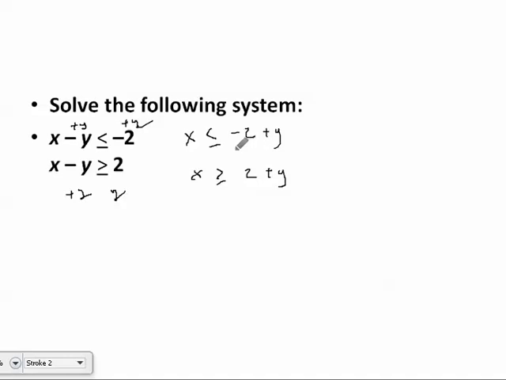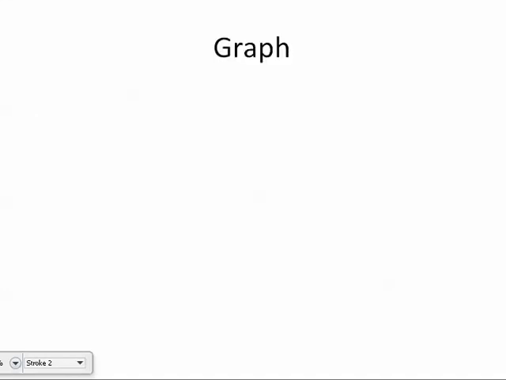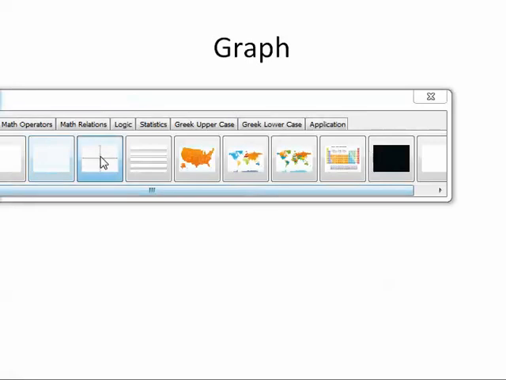I'm going to add 2 to this side and subtract 2 from that one. And I'm going to get x plus 2 is less than or equal to y, and x minus 2 is greater than or equal to y. Okay? So we want to graph those. Graph paper, please.